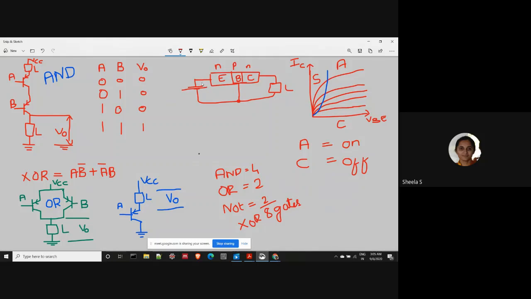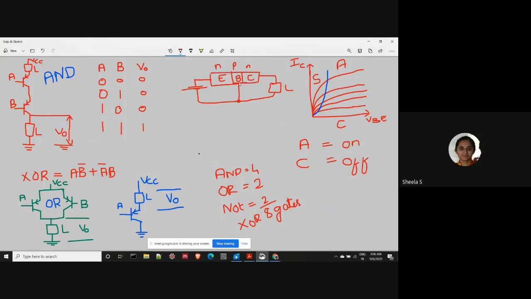N must be connected to the negative terminal of the supply, and base P has maximum holes, while N has maximum electrons. When there is a flow of current across the emitter base junction, holes from the base penetrate through this junction to the emitter, and electrons from the emitter move to the base.